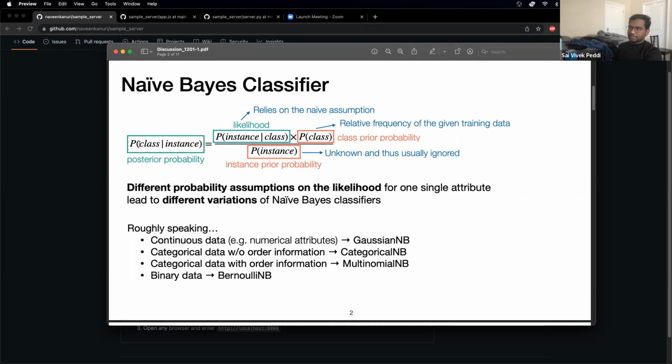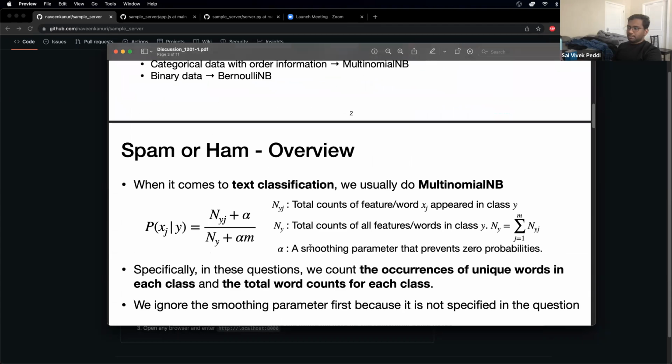So think of it as the probability of spam given the instance is document 4. We are trying to calculate the posterior probability of spam. And how do we calculate it? Probability of D4 given the class spam times probability of spam. So how do you calculate probability of D4 given class spam?